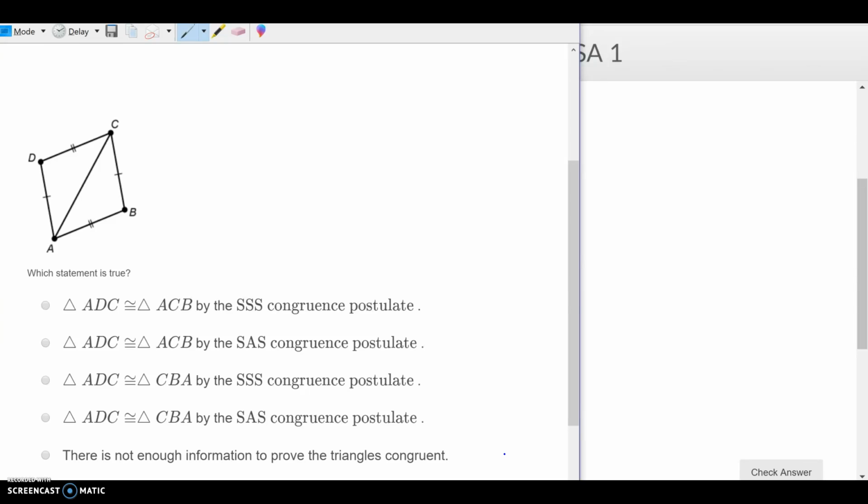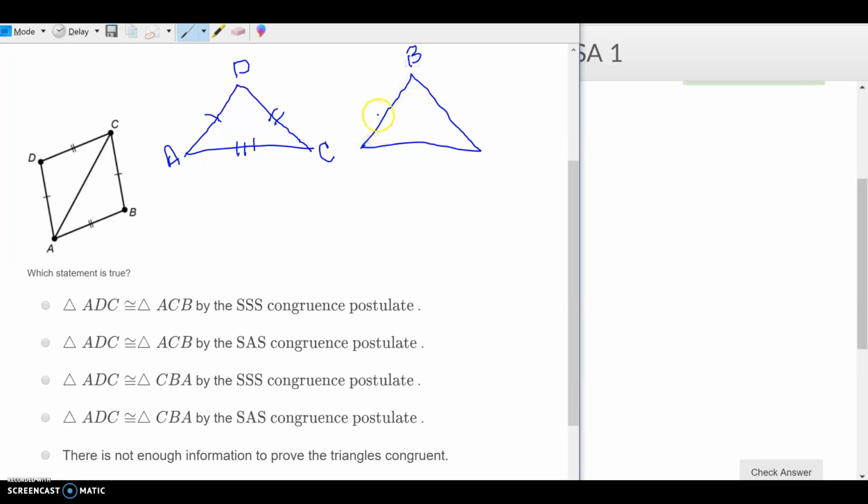All right. So if we draw our first triangle on the right, this part is D, this is A, and this is C. So this is congruent to itself. All right. And then we draw the second triangle, and we have B goes here.